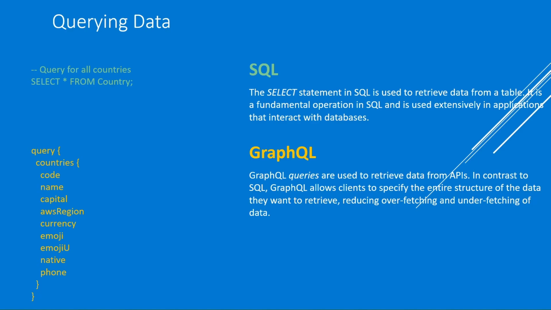And that's on purpose because we are telling the API clients, you tell me what you need, and I'm just going to provide that. If you don't need specific data about currency or capital, then I'm not going to send that to you. But again, as you can see, very simple syntax. You just need to define type or multiple types and the fields that you want to get data from.